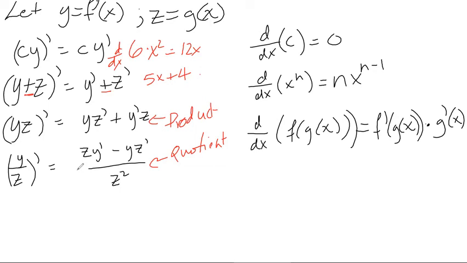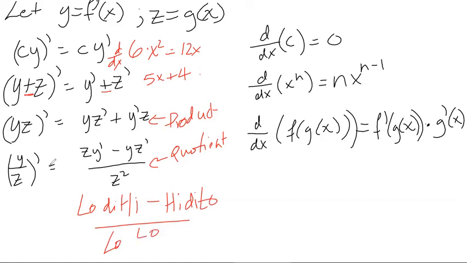An easier way to remember this is by saying low d high, low times the derivative of the high, minus high d low, all over low low. And what does the low stand for? The low stands for the bottom function, and the high stands for the upper function.